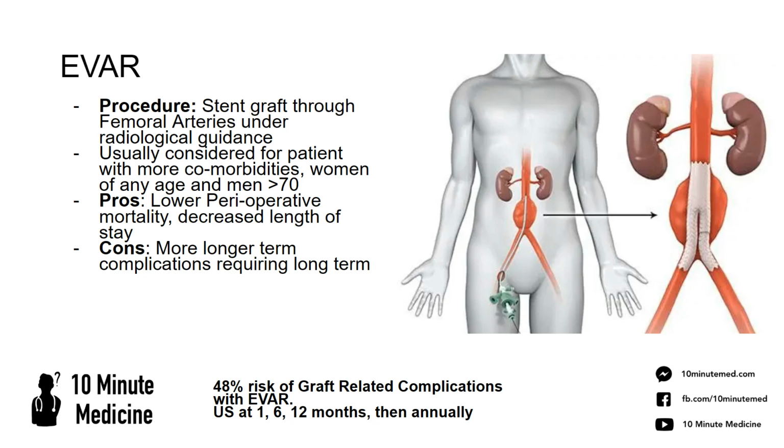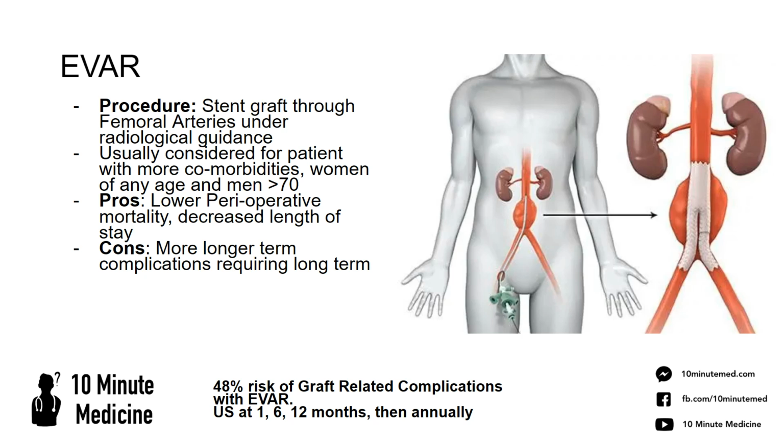It's usually considered for patients who have more comorbidities and for women of any age and men over 70. The pros of this procedure is that because it's less invasive compared to open repair, it has lower perioperative mortality and reduced length of stay for patients who've been admitted.